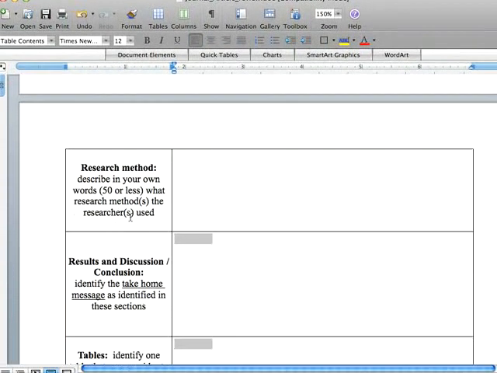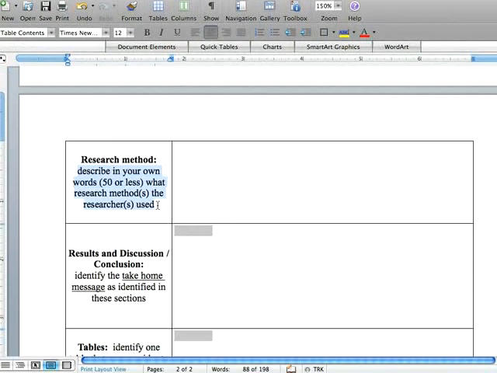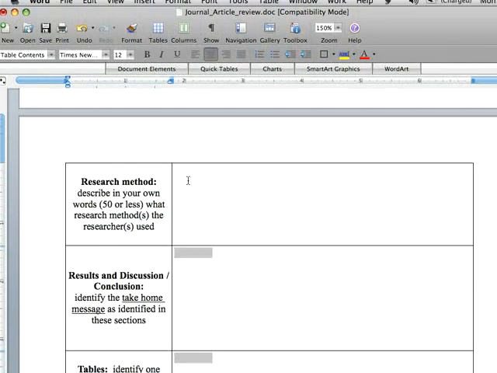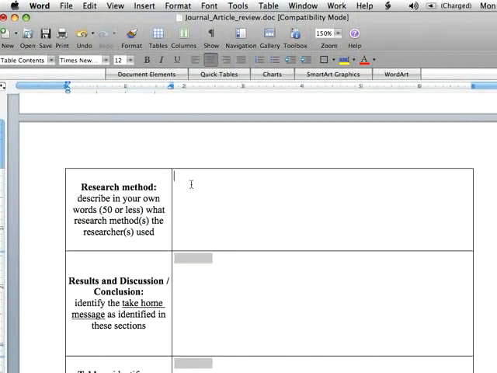Research method: unless you wanted to replicate this, you typically wouldn't read the method. But I would like you to get in the habit of reading the computational method, the research method, starting now, and try to describe in your own words how the researcher did it. It's going to be hard at first because you don't know a lot, but certainly you could say something, like they used the Gaussian software. So that's one thing you're going to say in your research method.